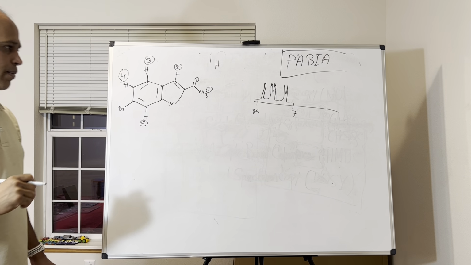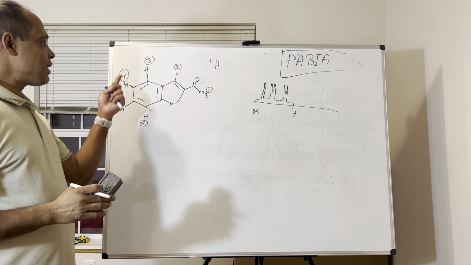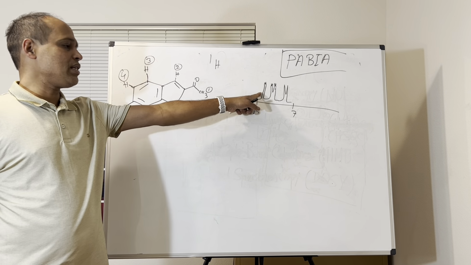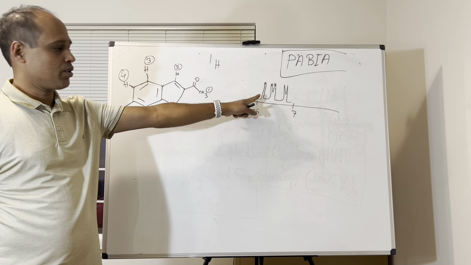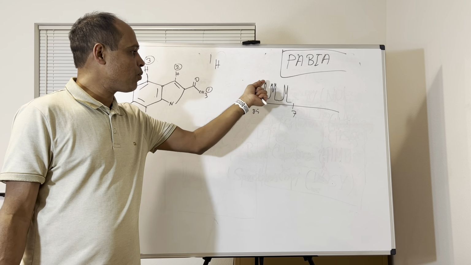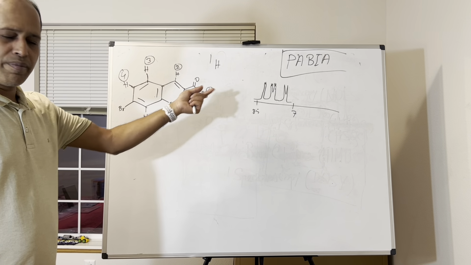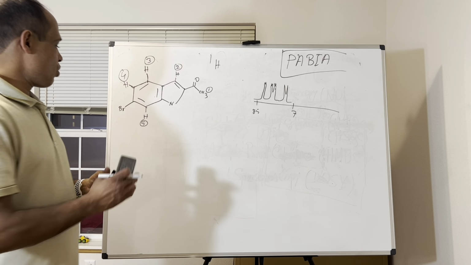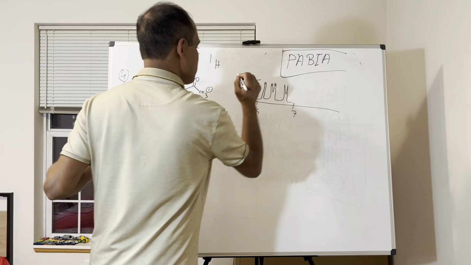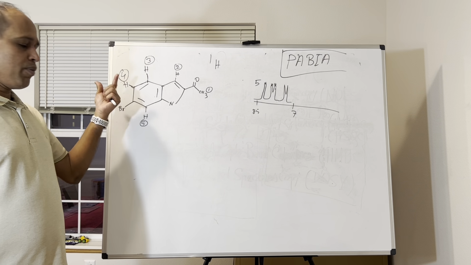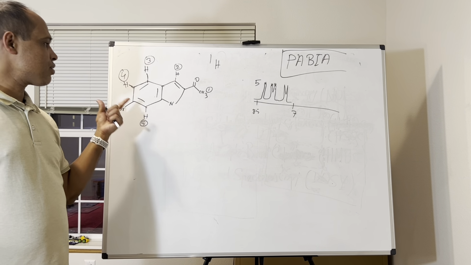So like this, okay? So you can easily understand, okay, this is the confirmed number 5 proton, because you will see either a singlet or a very small splitting, like a very small splitting doublet, because of the meta coupling. Okay, so from the structure and proton NMR, we can easily determine this is the number 5 aromatic proton of this structure.